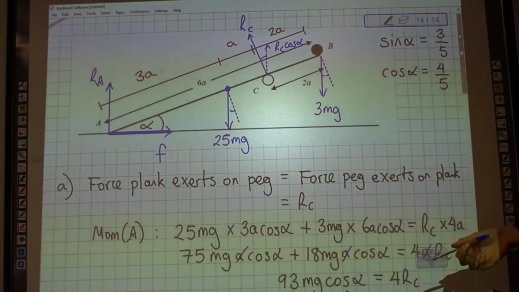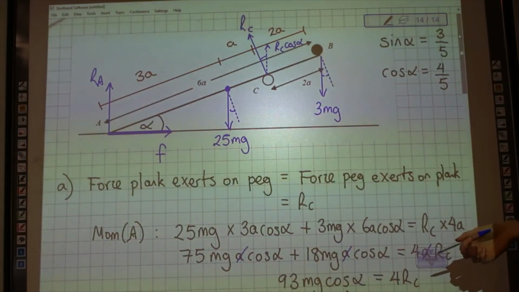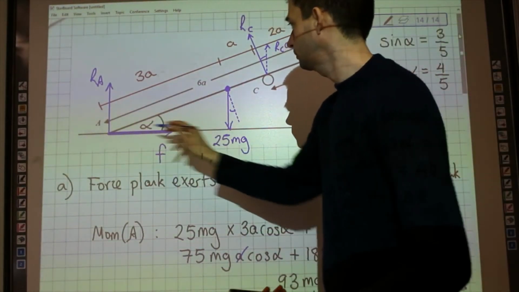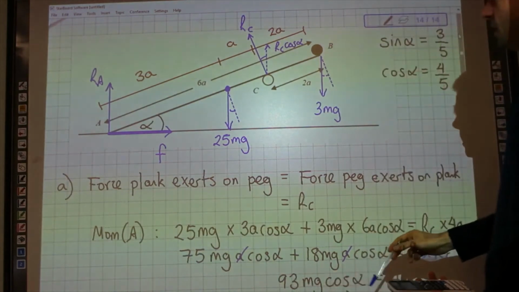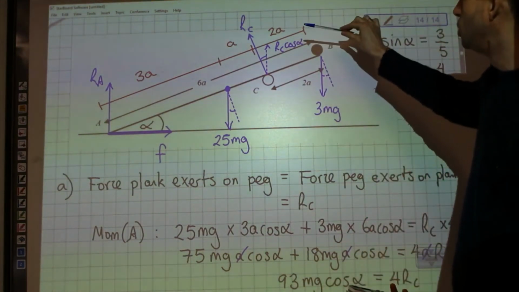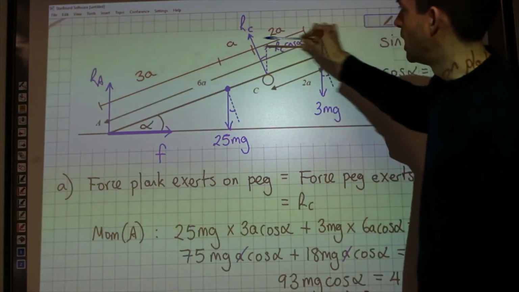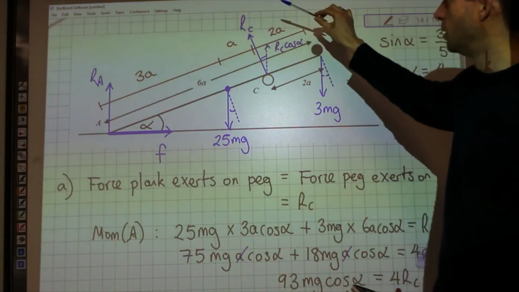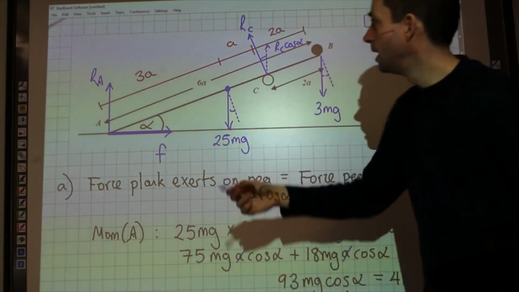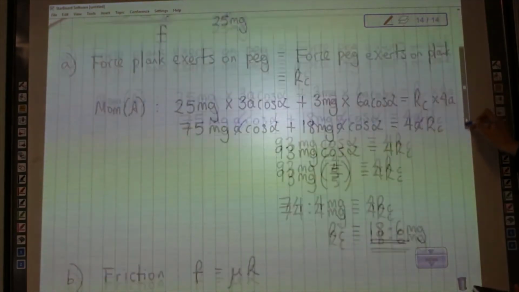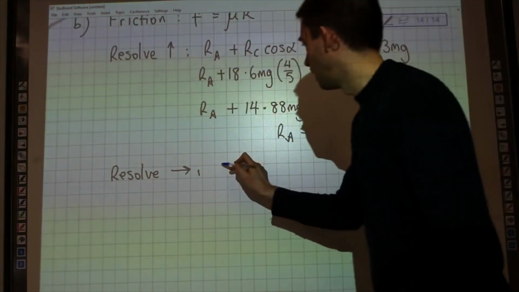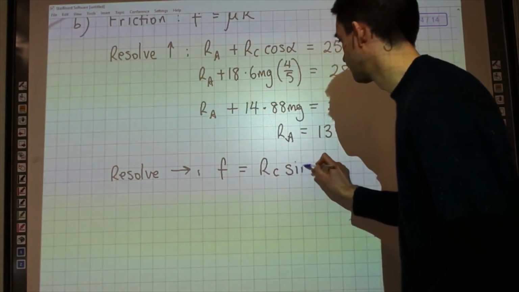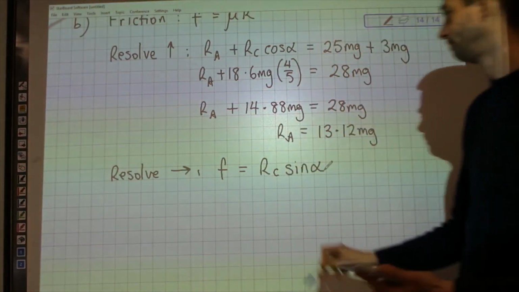So we look at this and we think, okay, acting to the right is just the frictional force, and acting to the left is just the horizontal component of the reaction at C, which is going to be RC sine alpha. So what I have for this situation here is that the friction equals RC sine alpha.